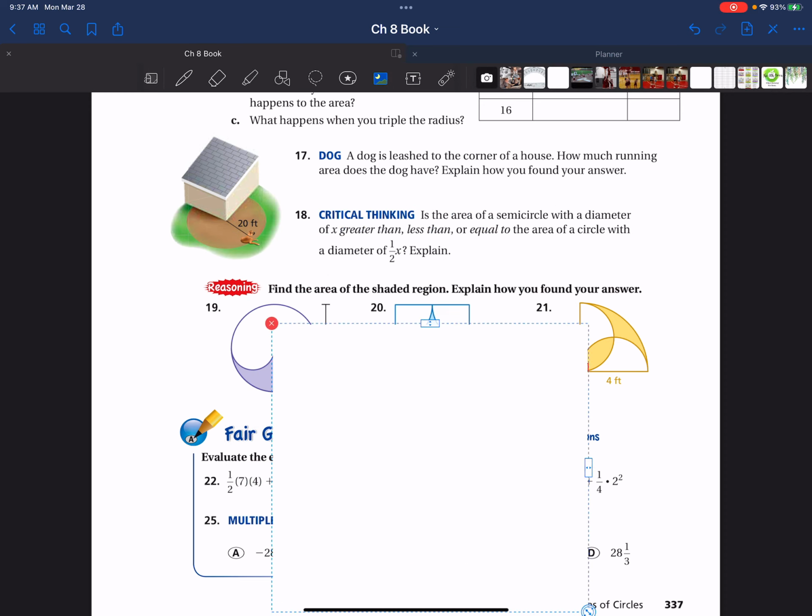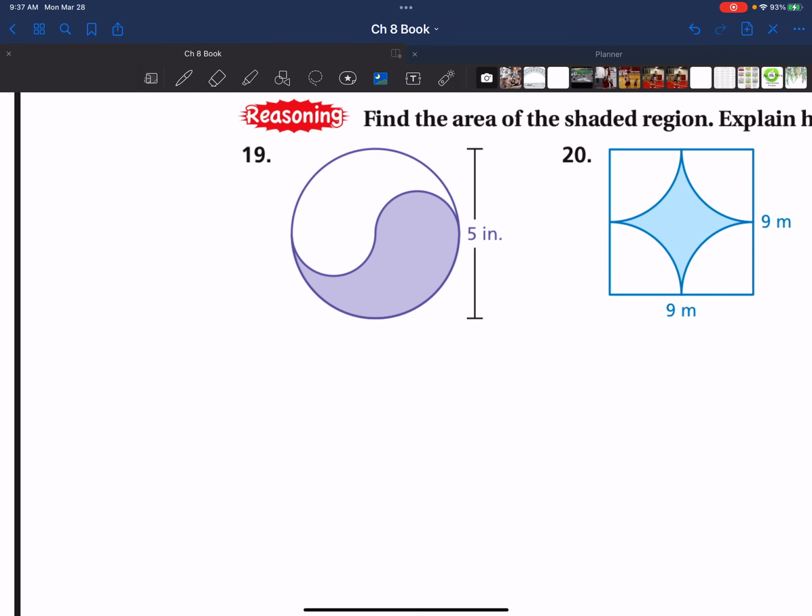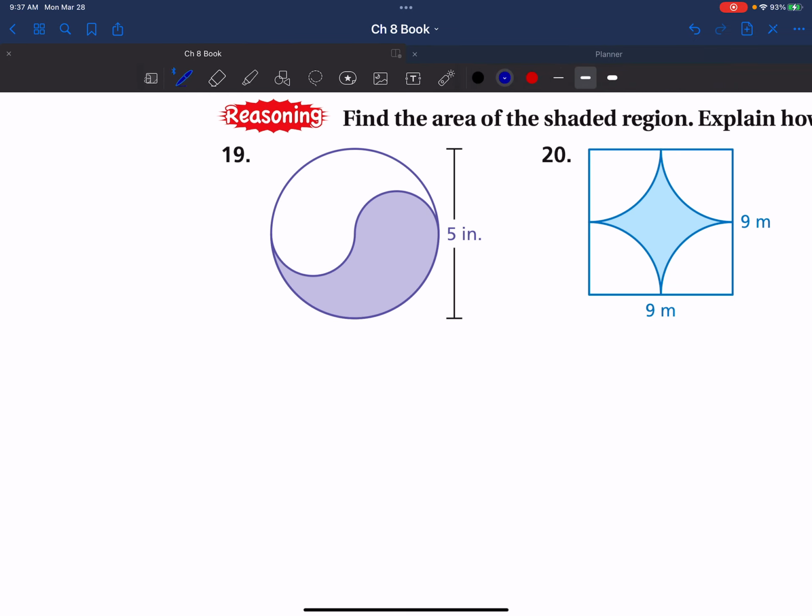Okay. 19. Find the area of the shaded region. Explain how you found your answer. So before we worry about anything, first of all, it gave us a diameter. And if I'm finding the area, I don't need a diameter, I need a radius. So what's half of 5? 2.5?